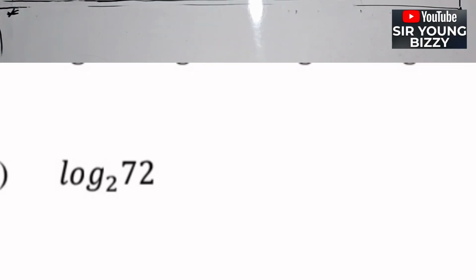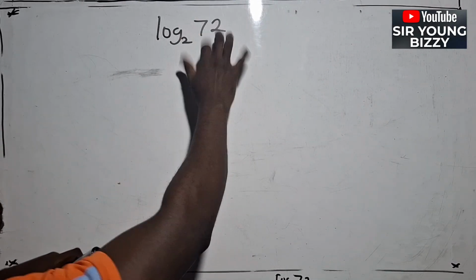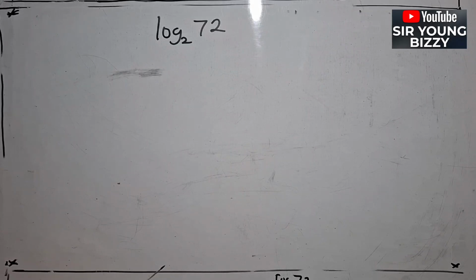So the next question, we have to simplify log base 2 of 72. So the 2 here is the base. We have to expand this log 72, expressing some of the numbers as powers of 2.